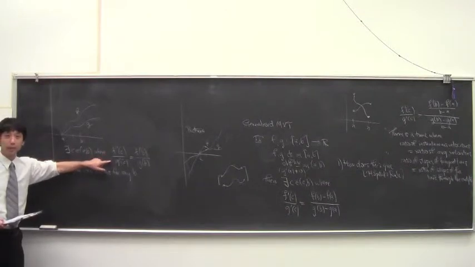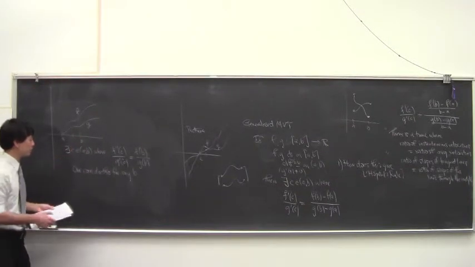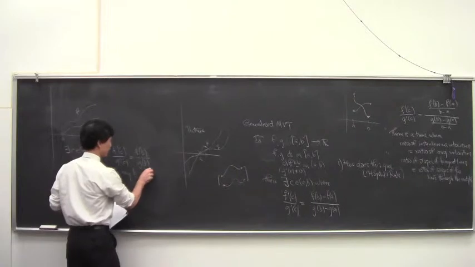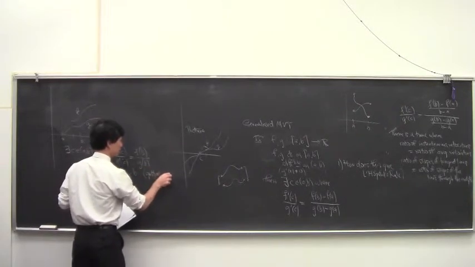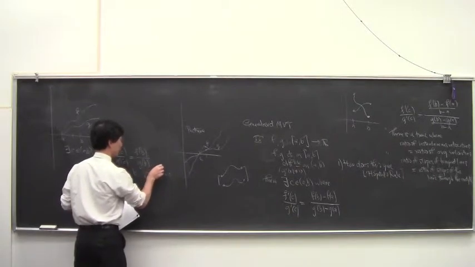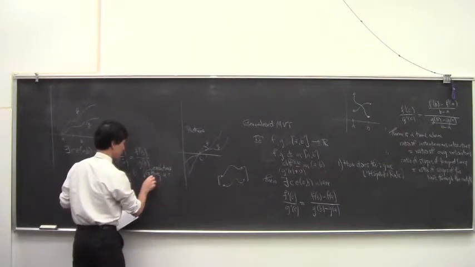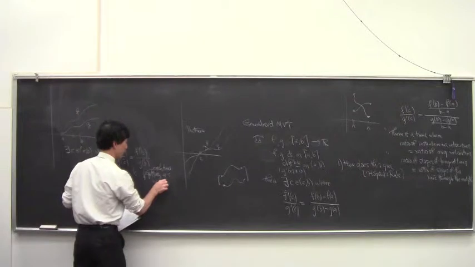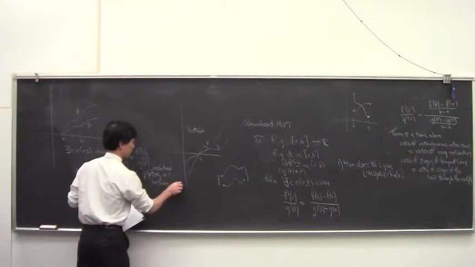Is that clear? So I'm getting a c each time, between a and b.